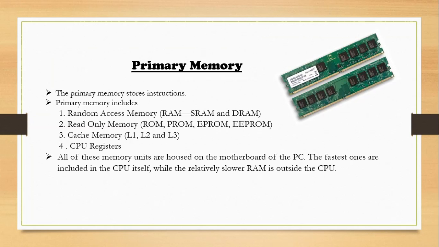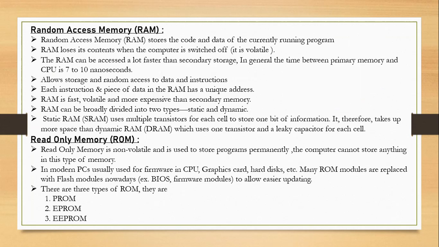In primary memory: RAM, read-only memory, cache memory, and CPU registers. These are part of the primary memory, and all of these components constitute it. In RAM, there are two types, SRAM and DRAM.